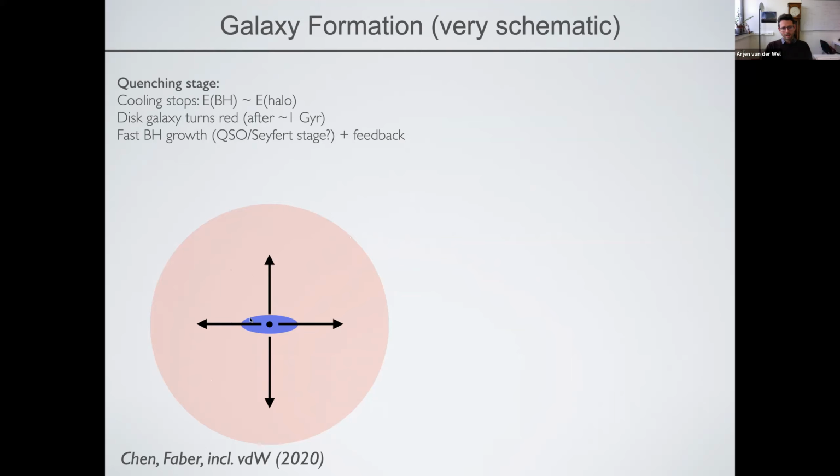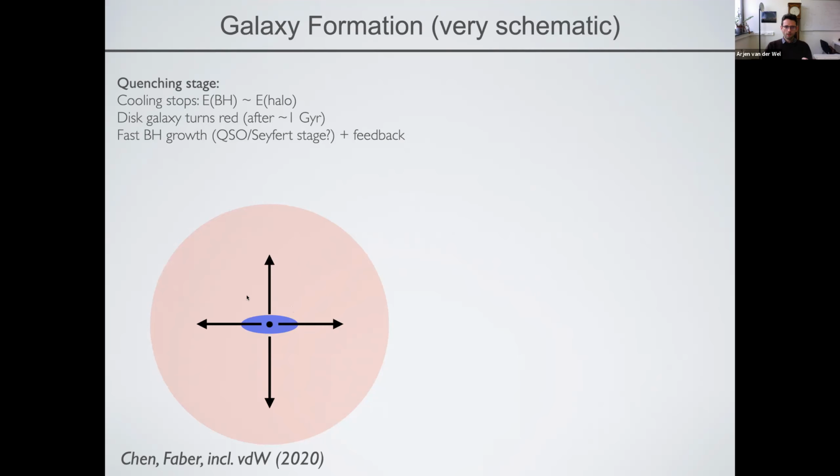But the galaxy itself is still full of gas, right? This black hole feedback might have heated up the halo, but it didn't blow out the entire ISM. So this galaxy will keep growing in stars until it runs out of gas. But that gas is not replenished from the halo because the cooling stopped.